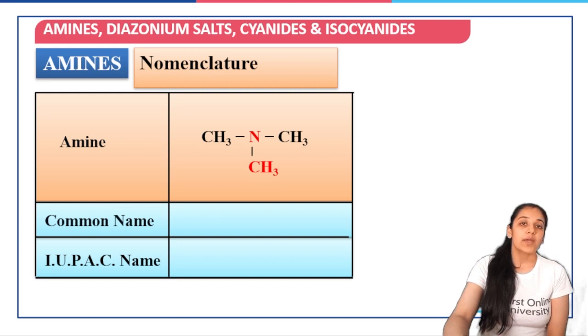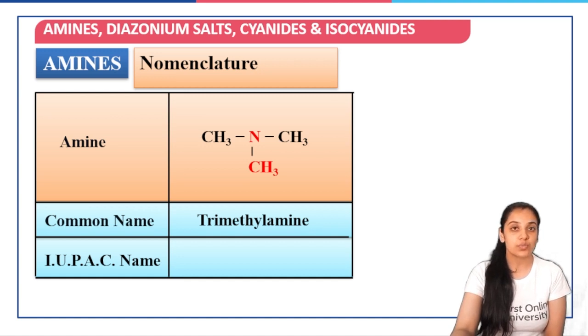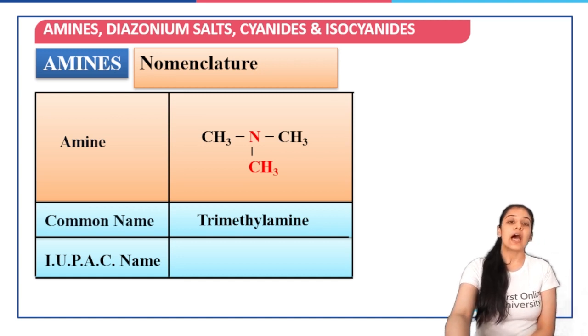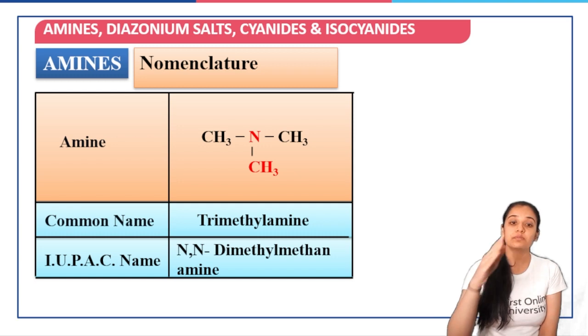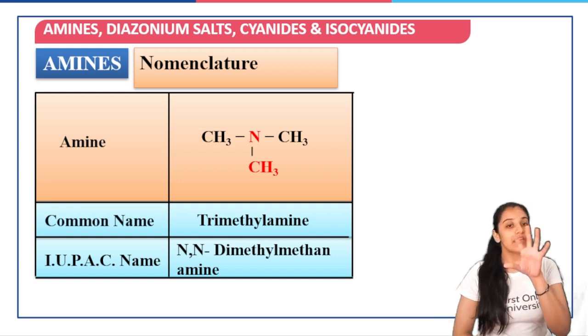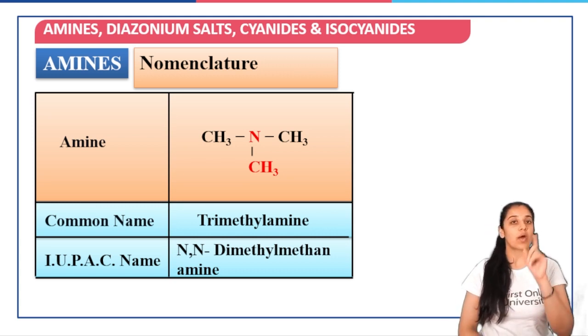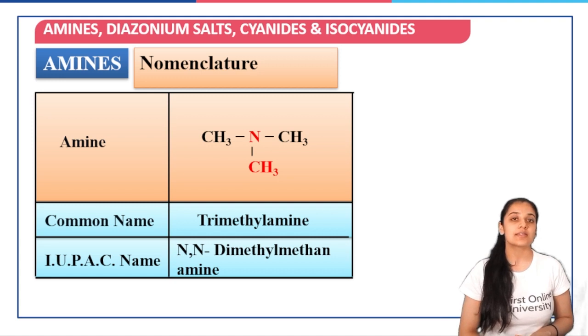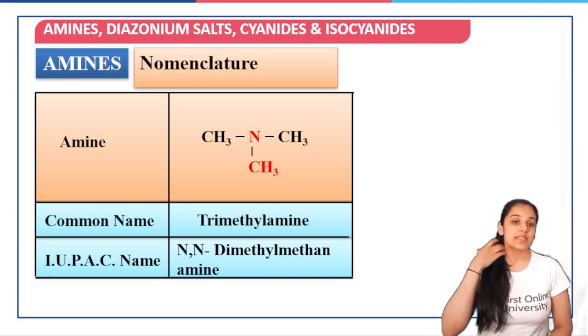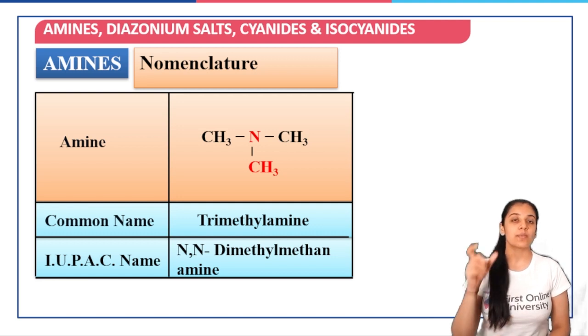So try this one by yourself. Here, this is a tertiary amine. The common name is trimethylamine, which is again very easy to predict. The IUPAC name of it will be N,N-dimethylmethanamine. Even if all of them are the same or equivalent, one of them has to be treated as the parent chain. So I treat one of the CH3 groups as the parent chain, so methanamine remains.